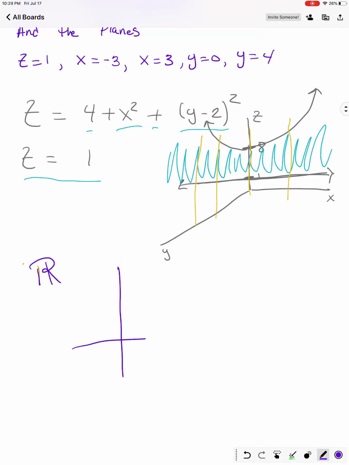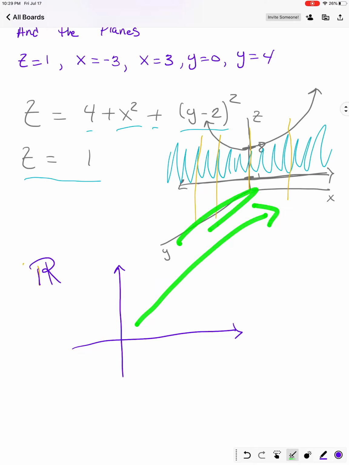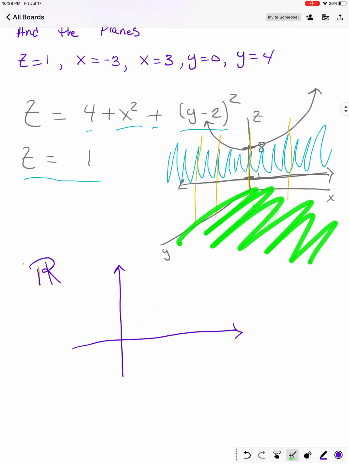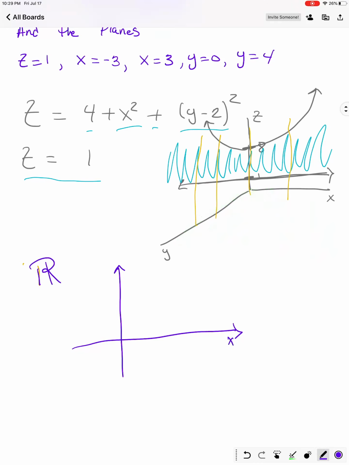So this is my region sketch with just the xy. Effectively what I'm doing now is sketching this 2D plane, that part, right? That's what I'm sketching. So let me label this x and y. We're going to go from -3, because we're told x is equal to -3.